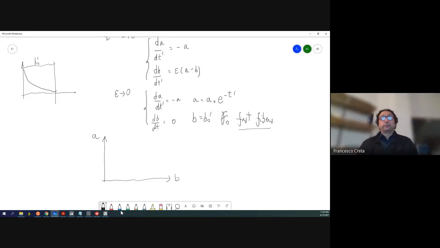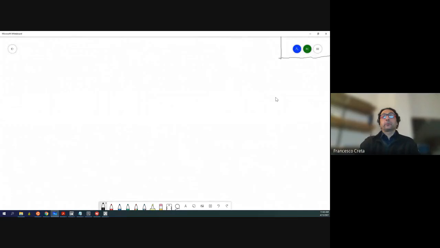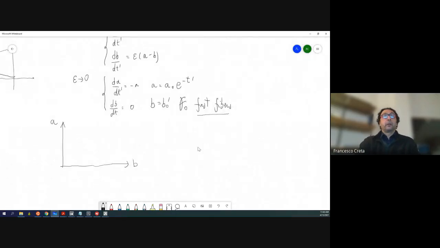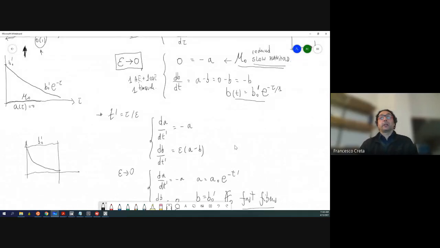Let's look at this situation. Sorry, let's look at the first system here. The asymptotic solution: we have A equals 0 as my slow manifold.